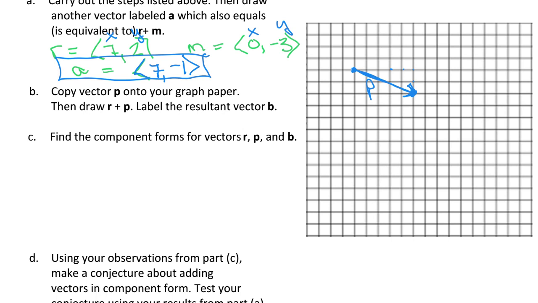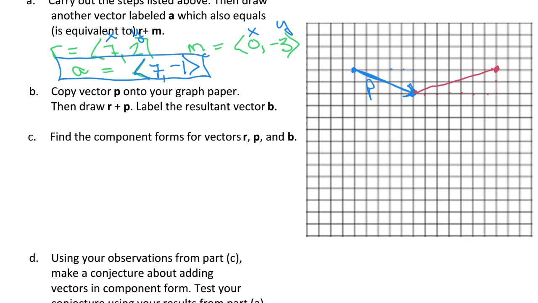So R goes over 7 and up 2. So we're going to start where we left off. We're going to go from the tip of P. I think I said that backwards. We're going to the right 7, 1, 2, 3, 4, 5, 6, 7, and up 2.